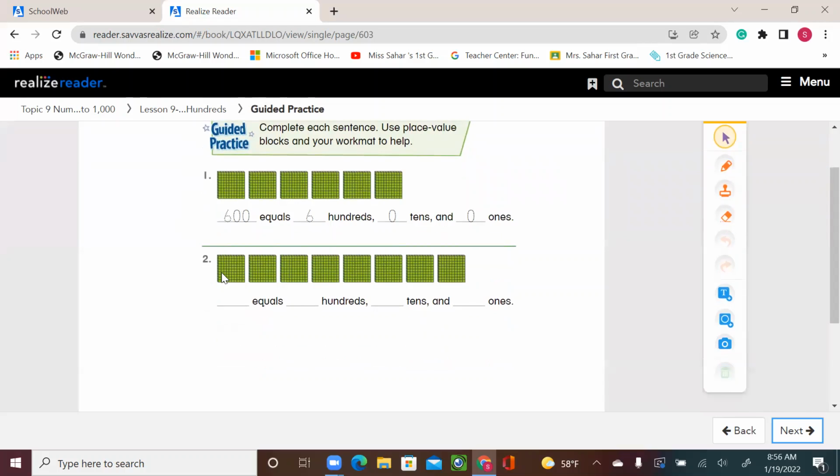Let's see the second one. 100, 200, 300, 400, 500, 600, 700, 800. So I have 800. So that means I'm going to write 800 equals 8 hundreds, 0 tens, and 0 ones.